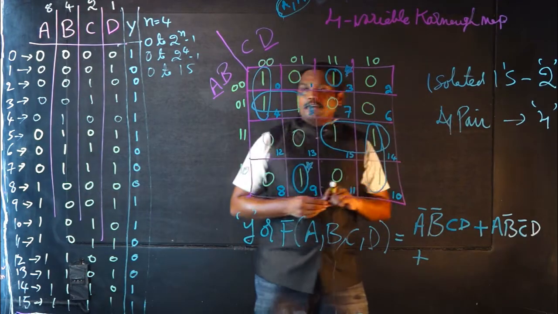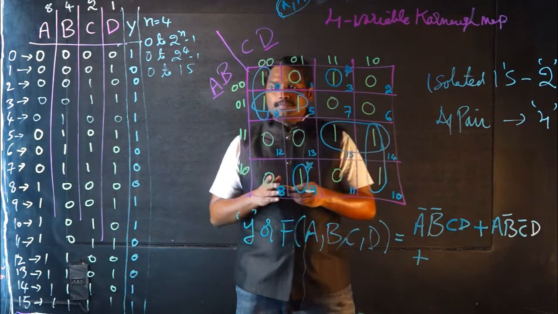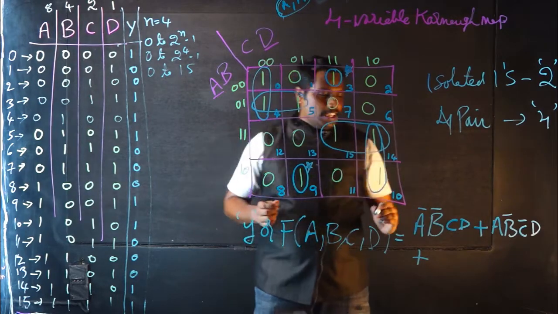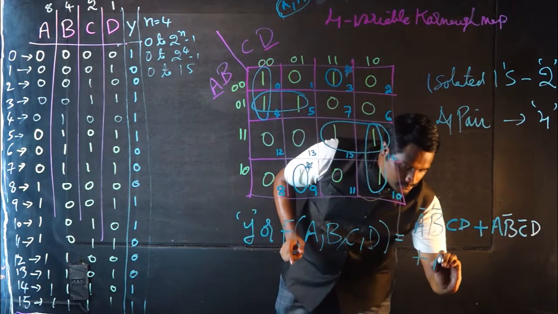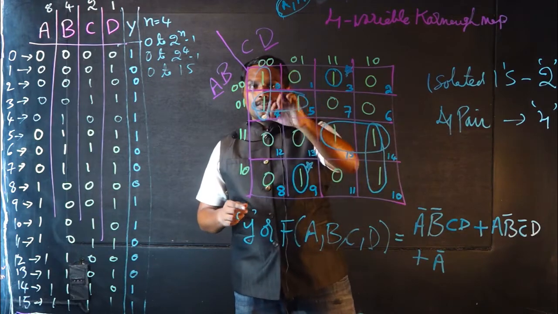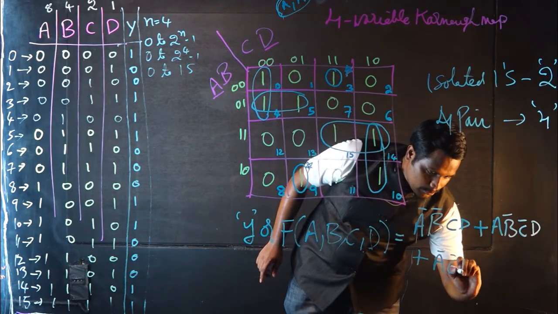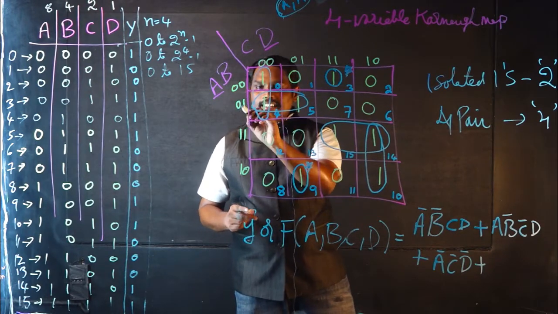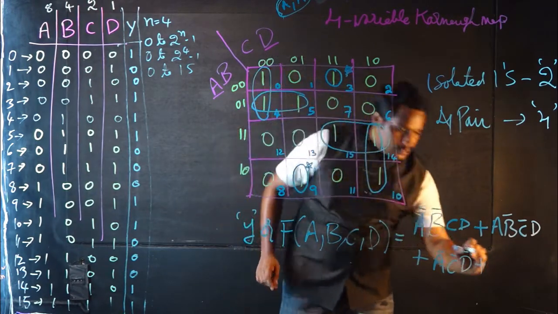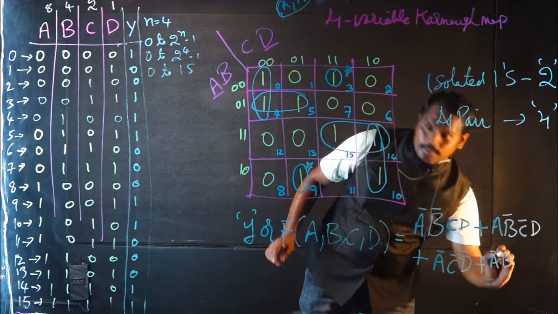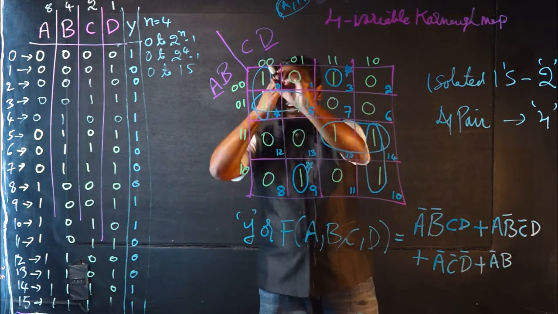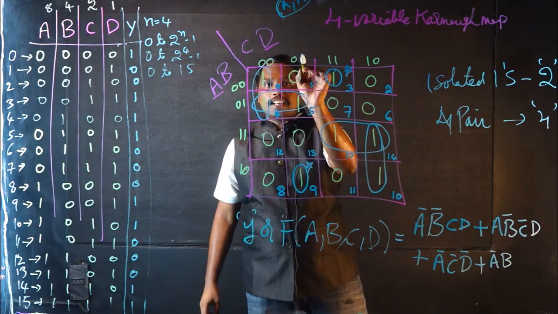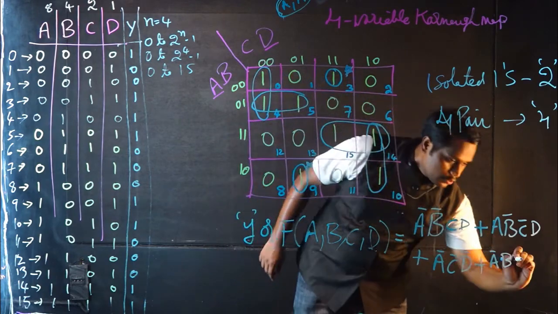For this first pair, the common part is A bar, and the column is same, so C bar, D bar, plus another pair with common row A bar, B, and column-wise C bar is common, so C bar.